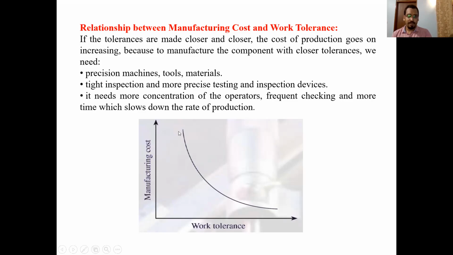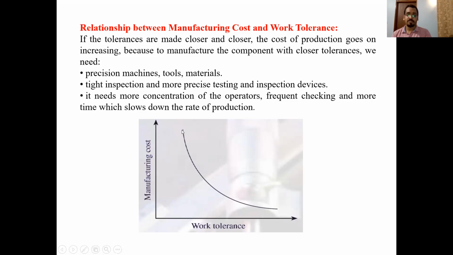You can see that if we take this point, this is the cost. The cost is very high here, and this is the work tolerance, which is very close to the basic size. Taking this other point, the manufacturing cost is very low, but the work tolerance is very large.